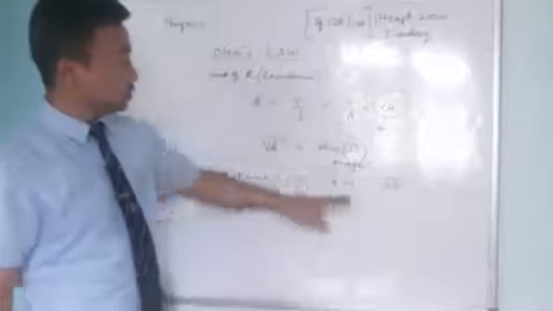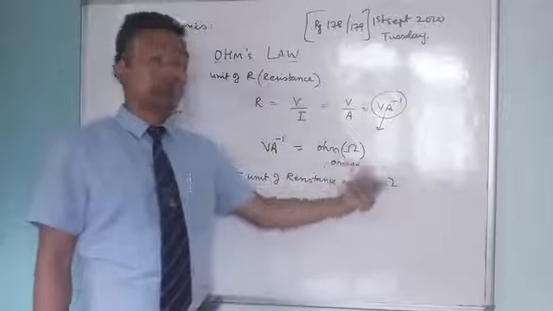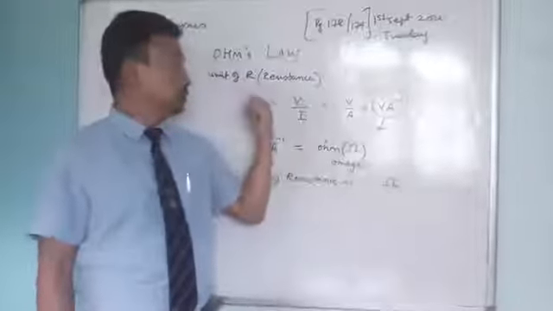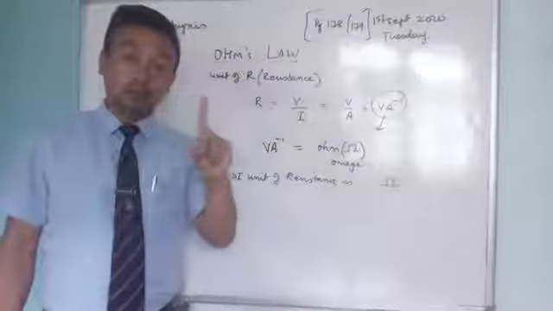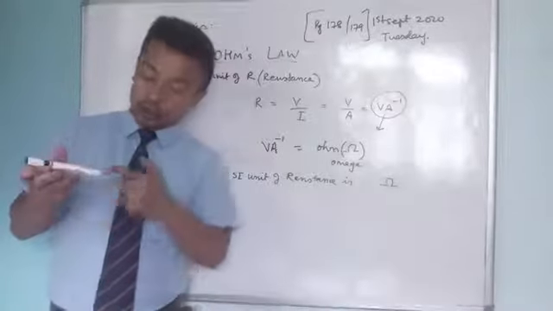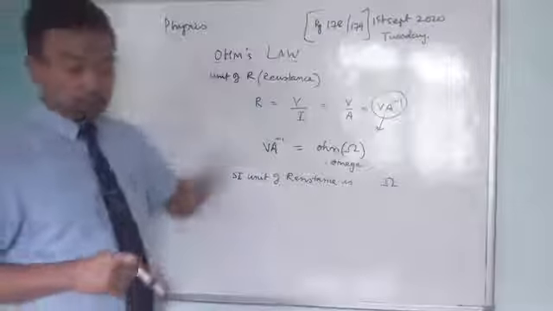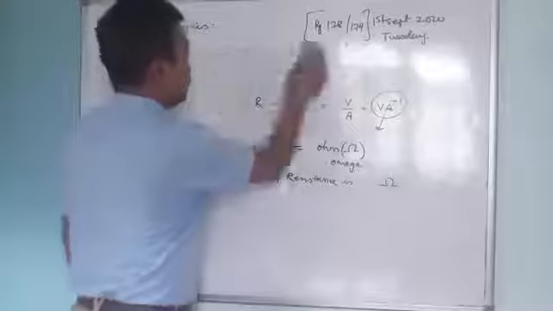Alright, so omega is a symbol. Ohm is defined as the resistance of a conductor when 1 volt of the potential difference is applied across its end and 1 ampere of current flows through it. So these are the terms that we have learned so far.